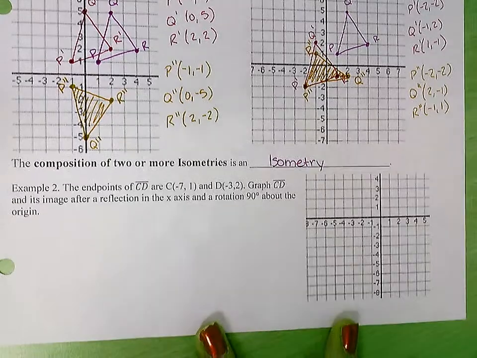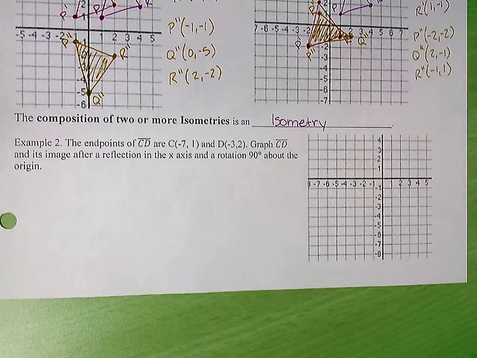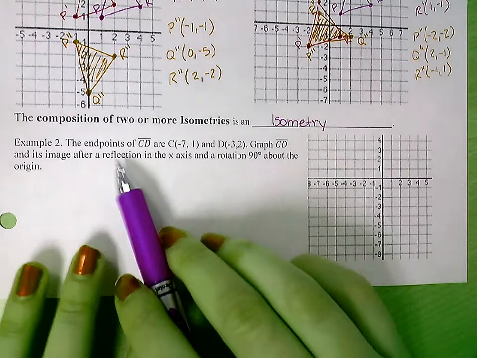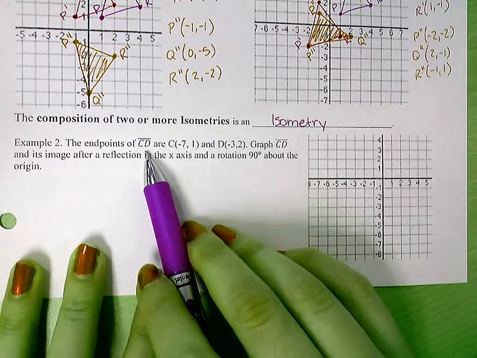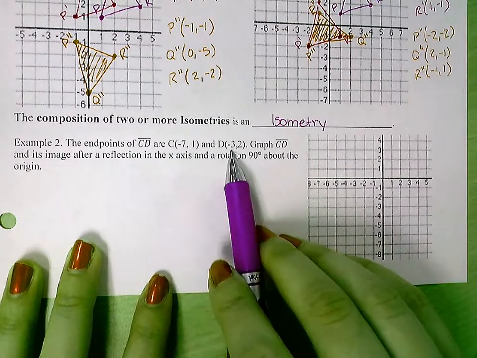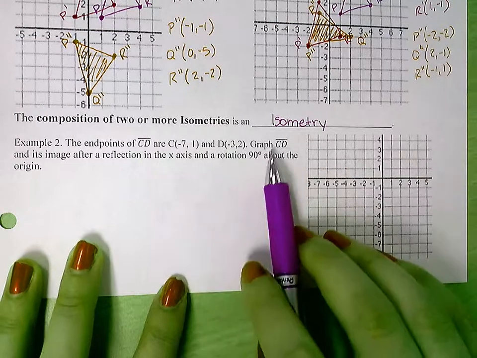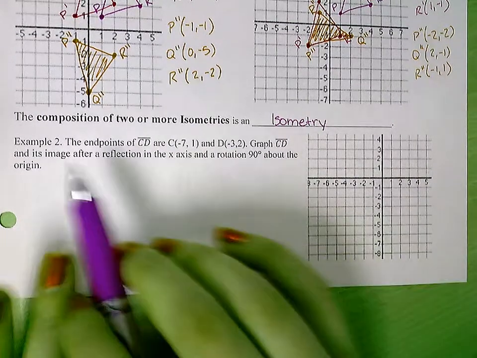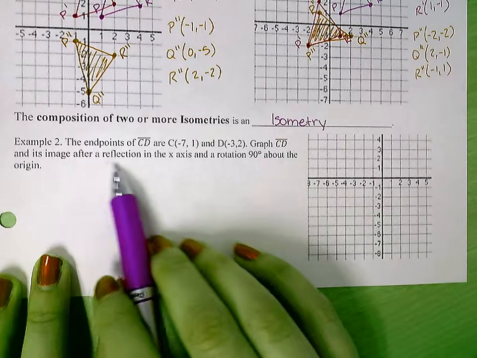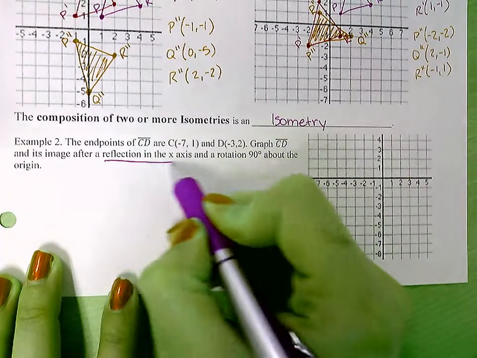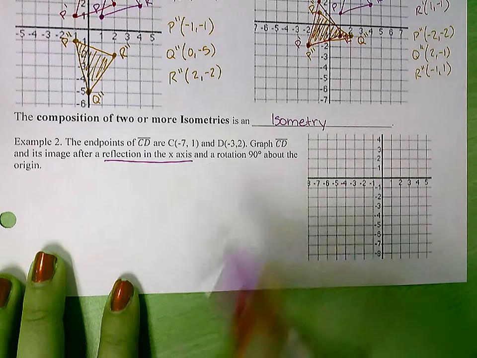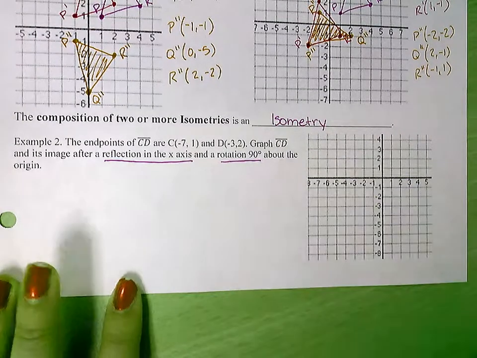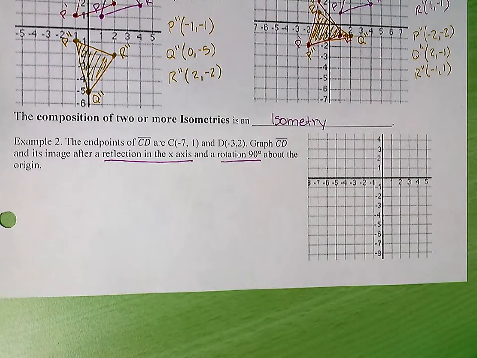So in example 2, this one is not a glide reflection, but it is still a composition of 2 transformations. So the endpoints of segment CD are at these 2 coordinates here. First, we want to graph segment CD and its image after first a reflection in the x-axis and then a rotation of 90 degrees about the origin.